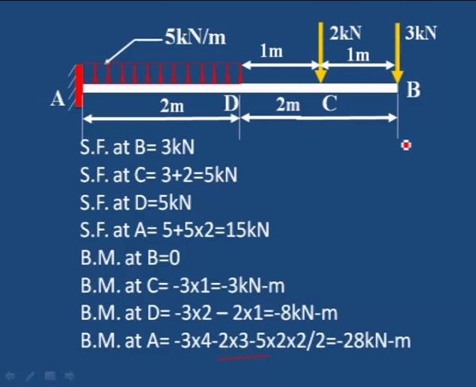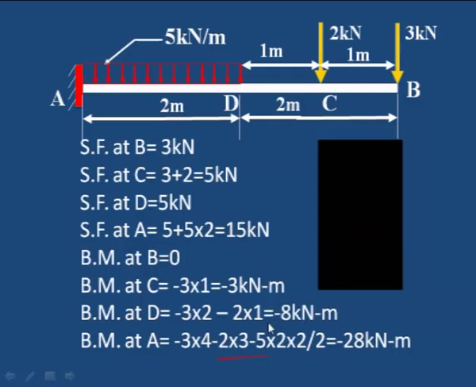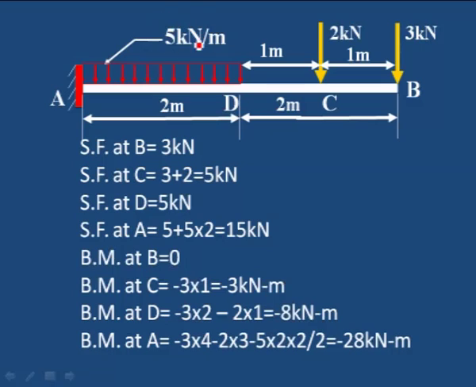Then the third load is 5 kilonewton per meter into 2, that is 10 kilonewton point load, the UDL converted to a point load, into distance, which is 2 divided by 2, the center point.